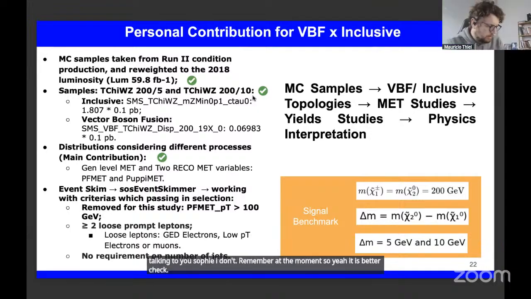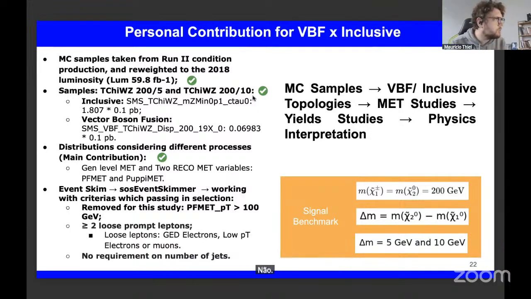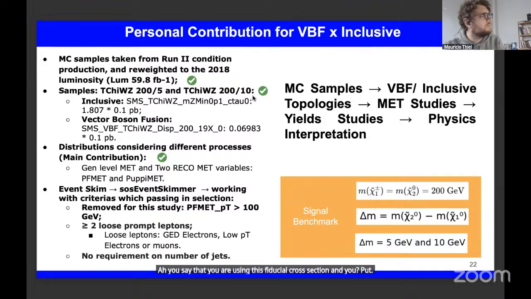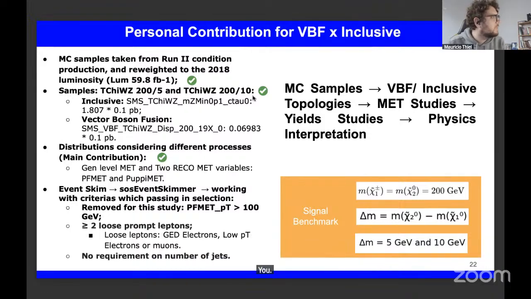No problem. And also in your document, in the part on the estimation of luminosity, you say that you are using this fiducial cross section, and you put a definition of the fiducial cross section in line 105.